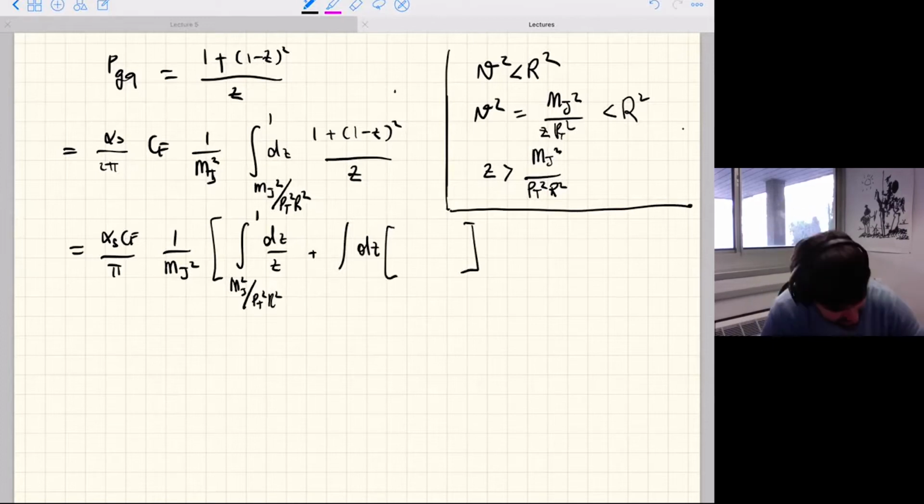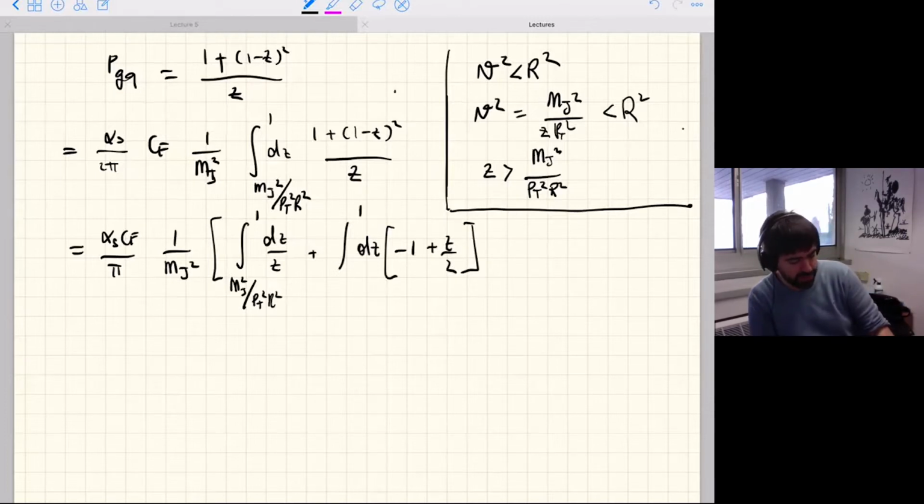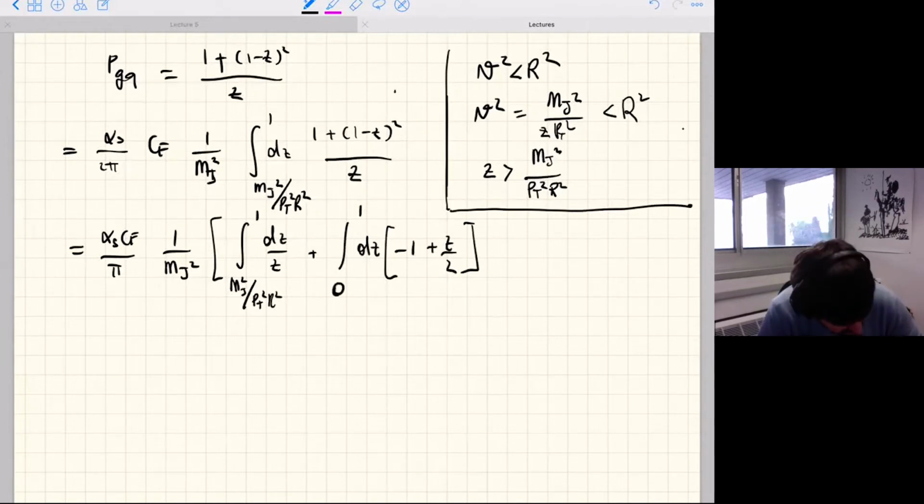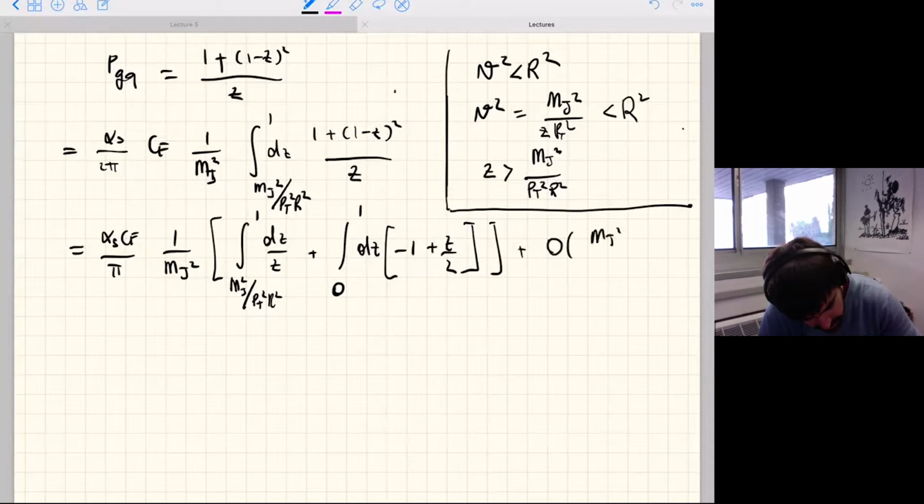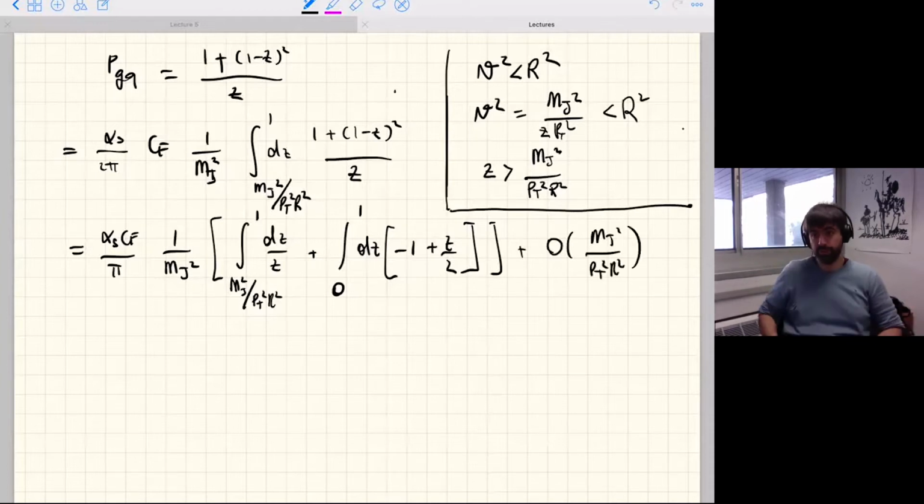And here I have minus 1 plus z over 2. Now in this integral, remember I'm interested in the limit where m_j over p_T is small. That's boosted. So I can put 0 here safely, and this result is correct up to corrections of m_j over p_T R square. So it's correct up to power corrections, which anyway I don't control.